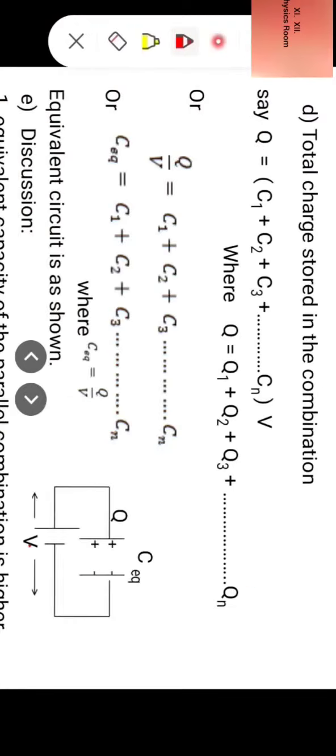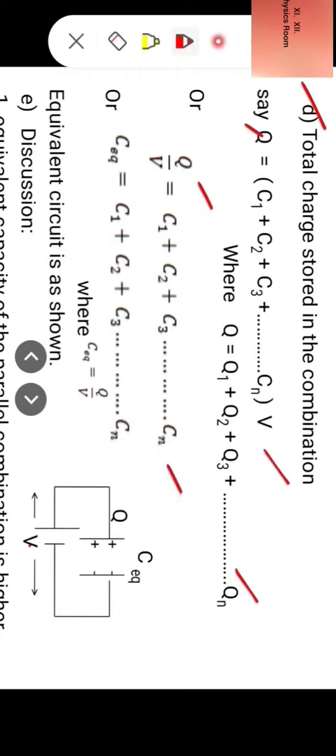Total charge stored in the combination, say Q, equal to (C1 plus C2 plus C3 plus so on Cn) into V, where Q is equal to Q1 plus Q2 plus Q3 plus so on Qn. From the above equation we have Q by V is equal to C1 plus C2 plus C3 plus so on Cn.